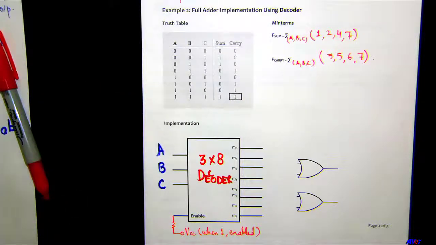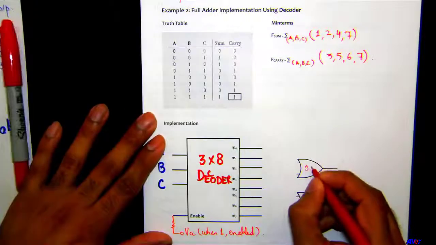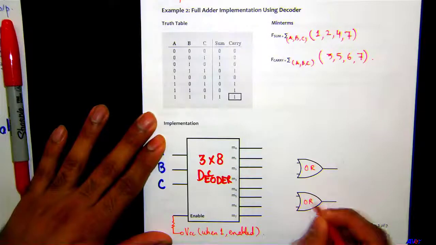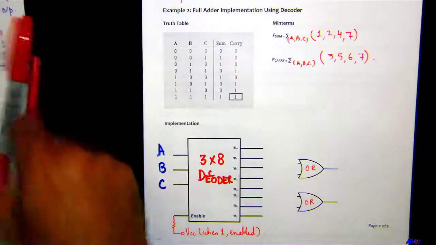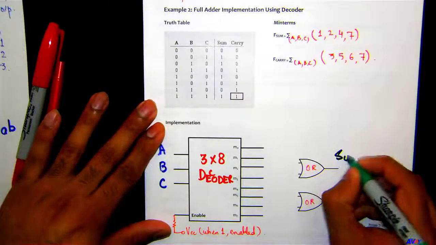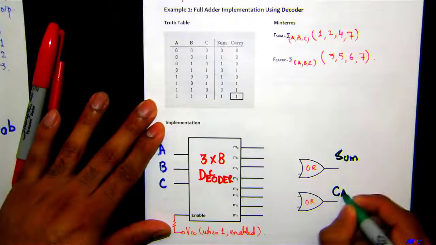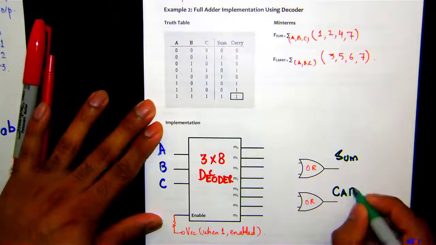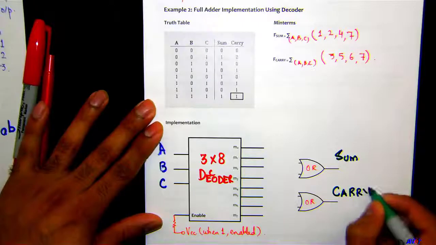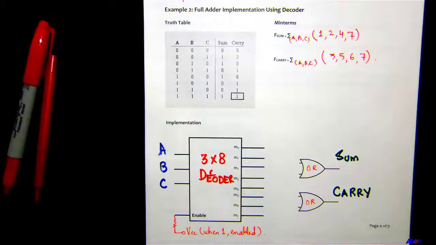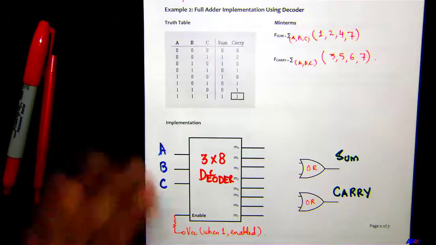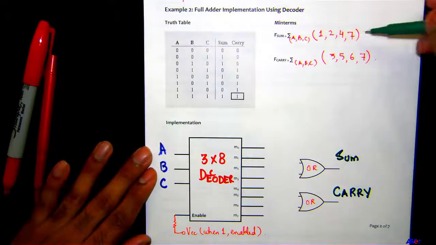And how do we implement a truth table using decoder? We actually OR the terms. So notice you got 2 OR gates, one for the sum and one for the carry. What are the minterms that go into sum? Those are 1, 2, 4, 7.